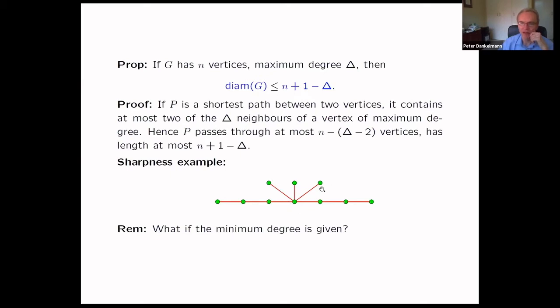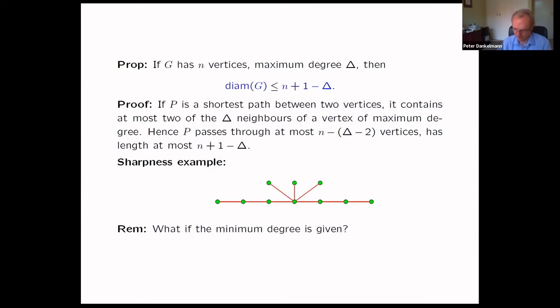And that means delta minus two vertices definitely won't feature in the shortest path. So any shortest path has at most n minus delta plus two vertices, and therefore length at most n plus 1 minus delta.